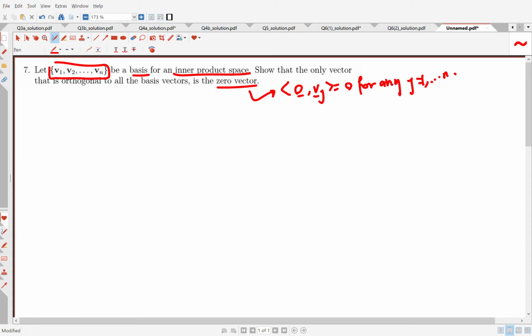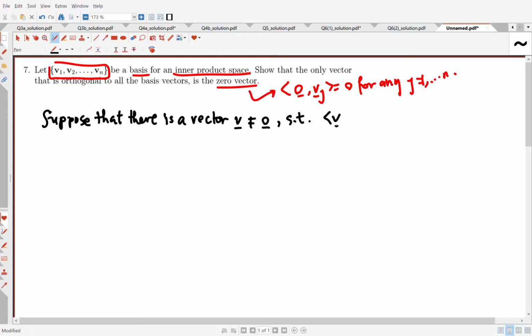So I want to sort of prove this by contradiction. So suppose that I have another vector. Okay. Suppose that there is a vector v, okay, that is not the zero vector, such that the inner product of v with Vj is equal to 0 for any j from 1 to n.